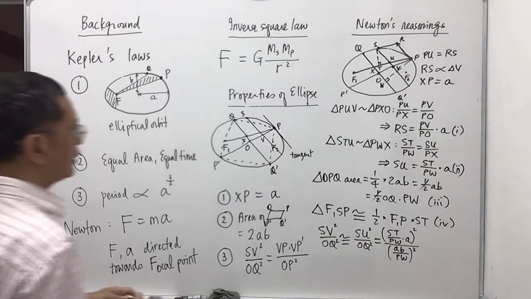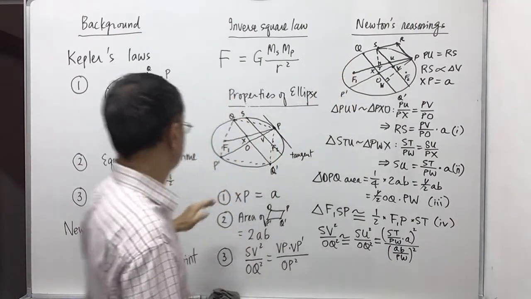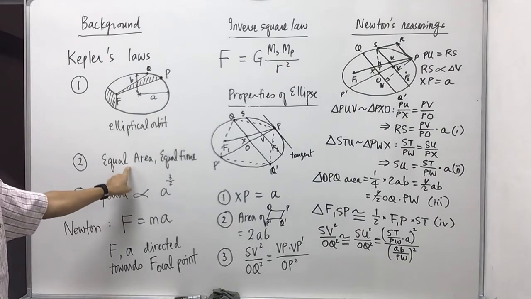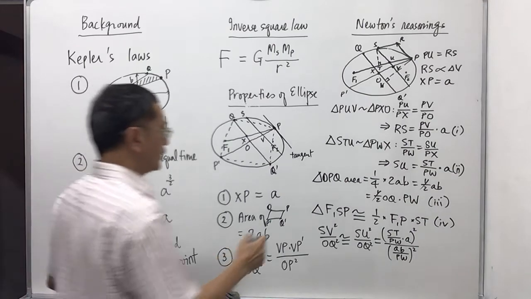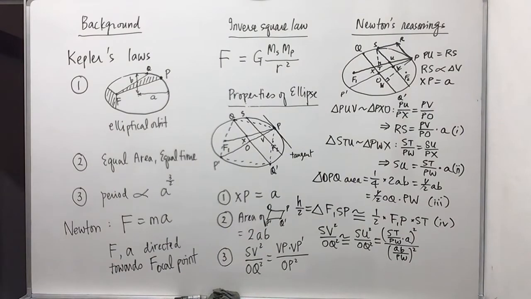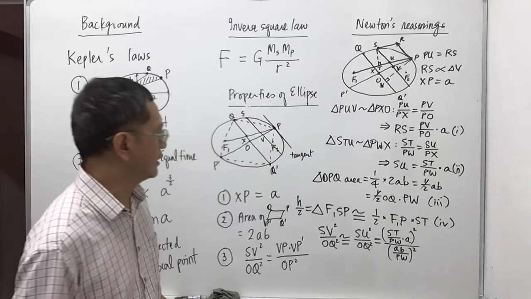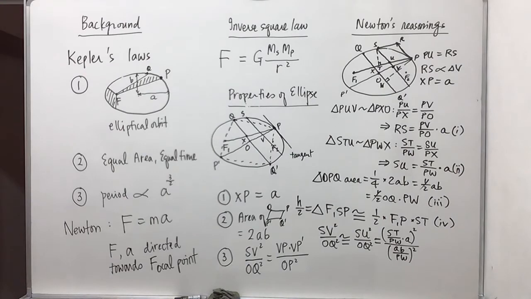This area F1SP, we know it's a constant area because for a constant time we are going to sweep out a constant area. Let's call this area H over 2. So H over 2 equals half F1P ST, and therefore ST is H over F1P. Wow, I got my F1P. Most important is to get the F1P coming out.